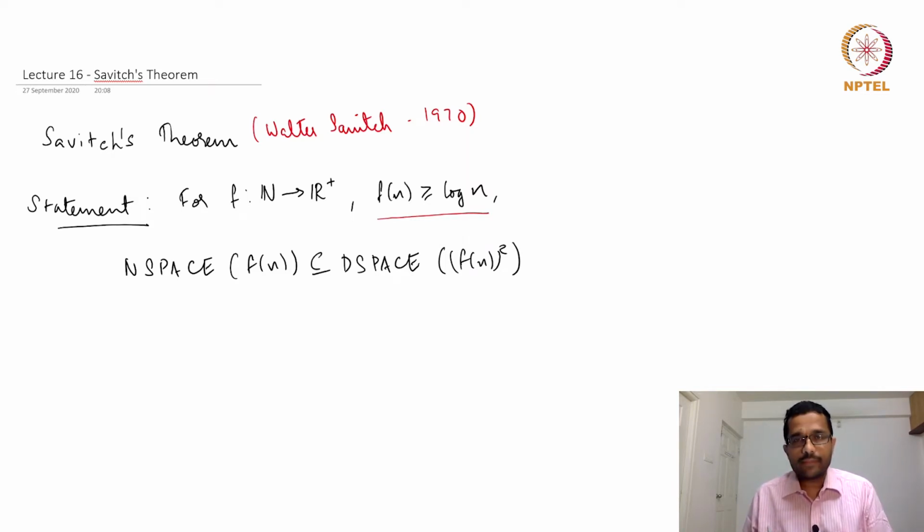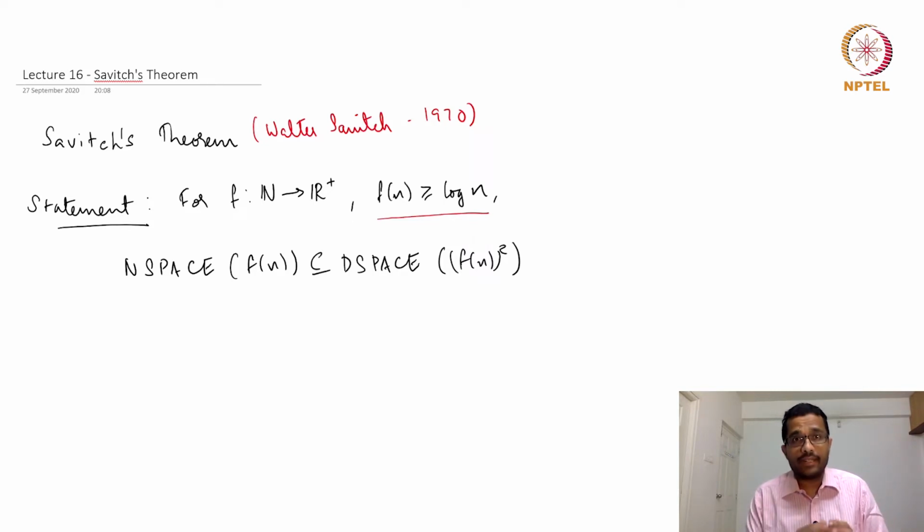It's a bit of a surprising thing, because we saw that if a language is in NP, such as SAT, we don't know whether it is in P. We know that SAT is in non-deterministic polynomial time, and there is nothing like squaring the time required to get a deterministic machine for that, because the square of a polynomial is still a polynomial.